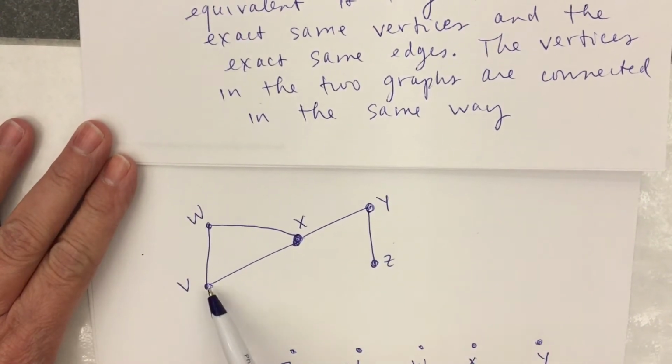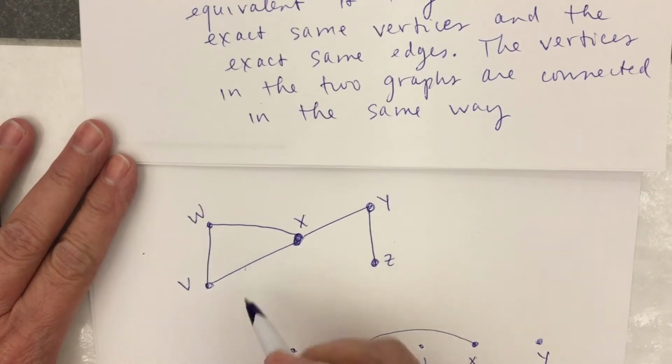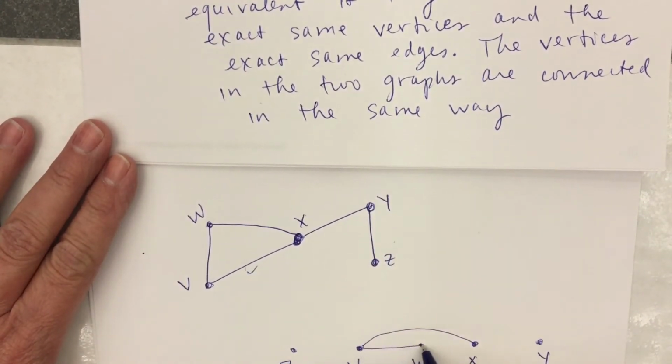I have an edge from V to X. I'll just kind of loop that like that. Curve it. Maybe I should have said curve it, because loop is a certain kind of edge. So I have V to X, V to W, got that one, W to X. See, that's my little triangle that's showing up right here.